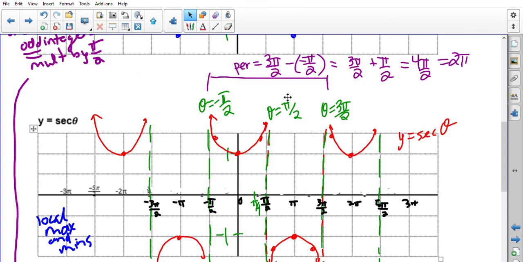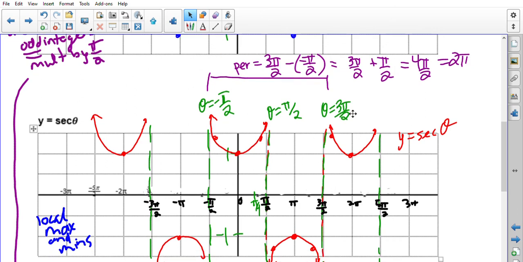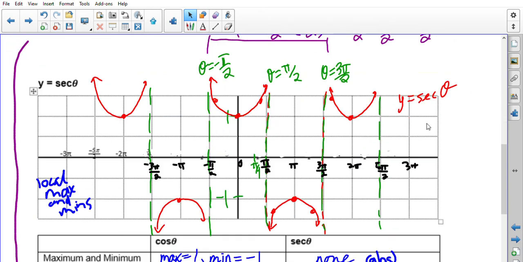To find the length of this, I do the end x value minus the start x value, or the theta value. So I do 3 pi over 2 minus negative pi over 2. Two negatives make a positive, so I get 4 pi over 2, which is 2 pi. So secant also has a period of 2 pi.